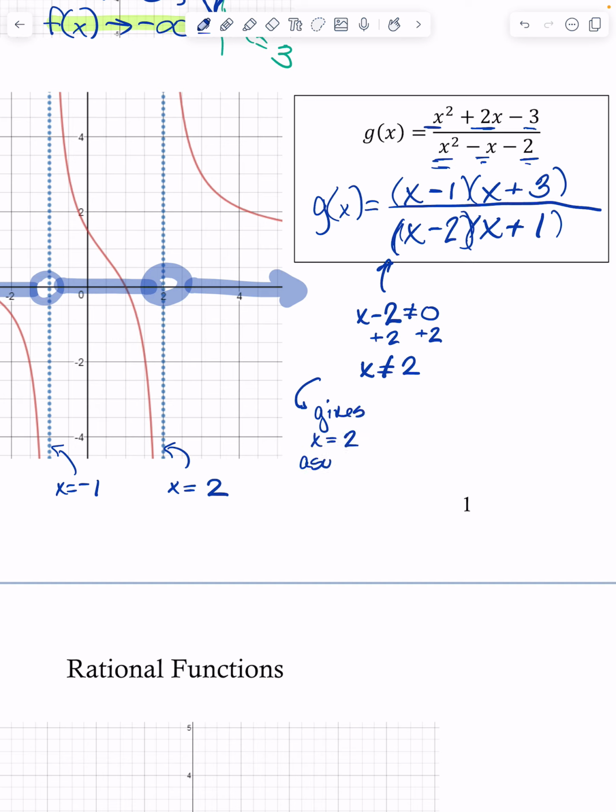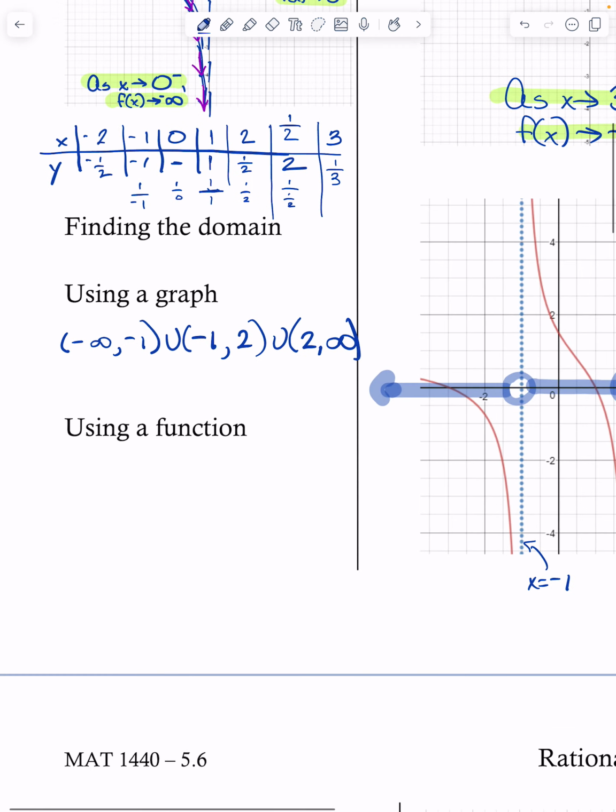And if you go back, x cannot be negative 1, x cannot be 2. So in set notation, the set of all x such that x cannot be negative 1, x cannot be 2.